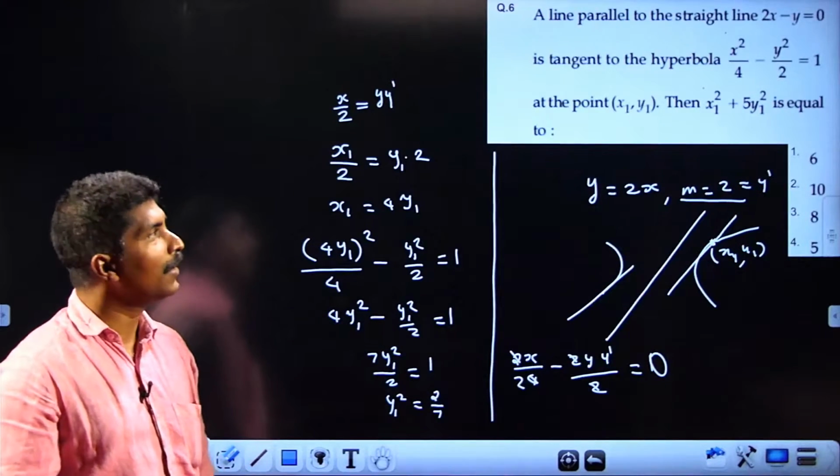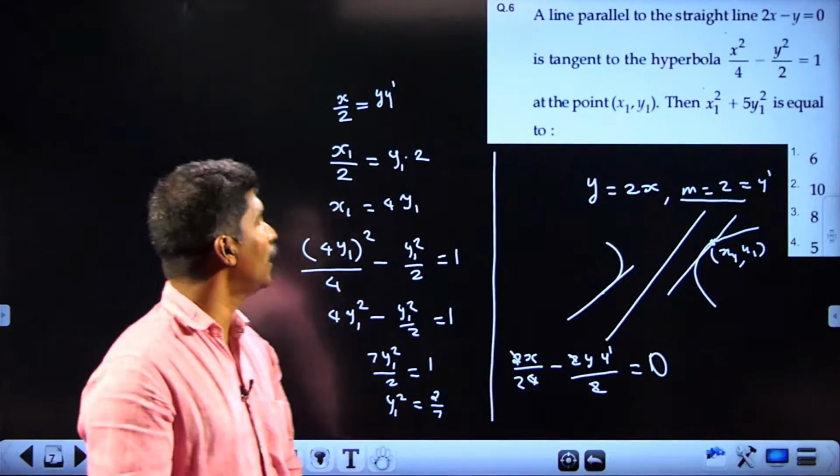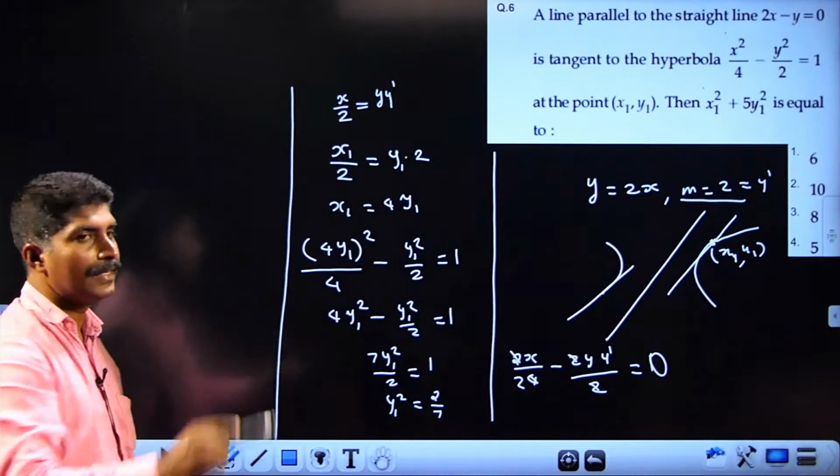What do you have to calculate now? We have to calculate x1 square plus 5y1 square. Very simple.